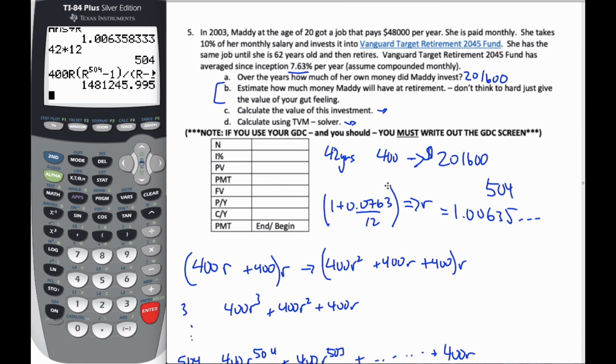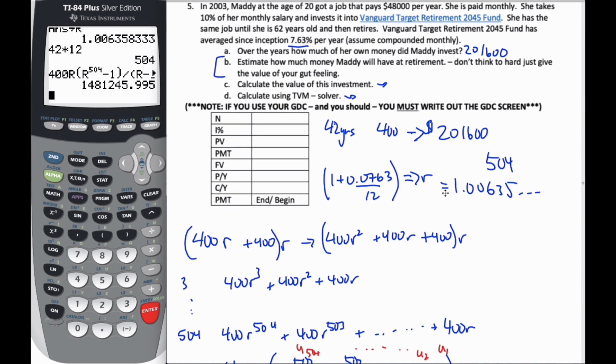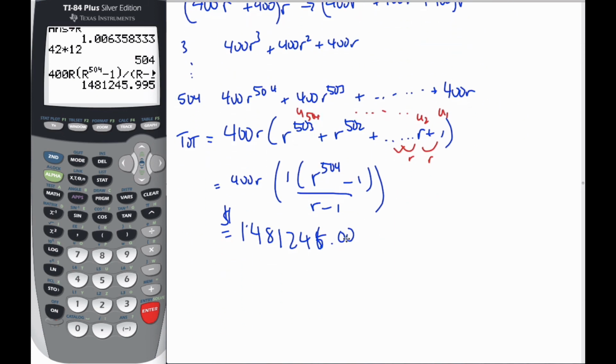If she puts $400 away a month for 42 years, she only invests $200,000, and she's got over 1.4 million in her investment. That is a lot of interest.